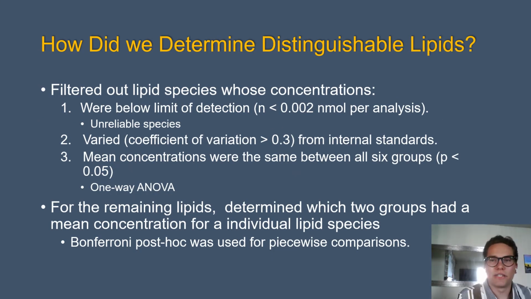So how do we distinguish lipids? Well, first, based on identifying the lipids, we had almost 2,000 lipids identified. However, not all of those are going to be reliable. So those below the limit of detection, we consider unreliable, and we filter those out.